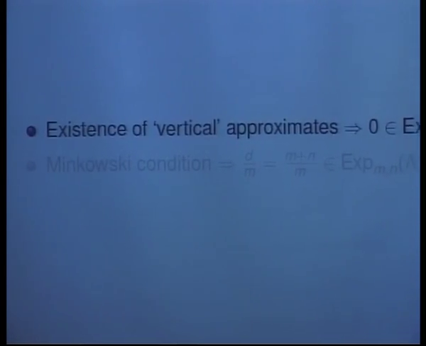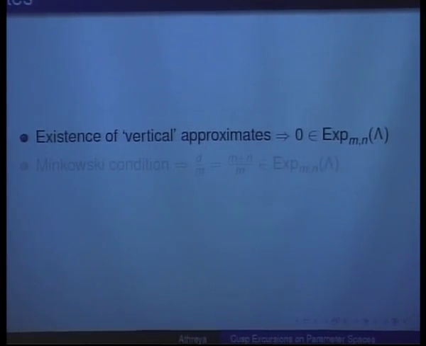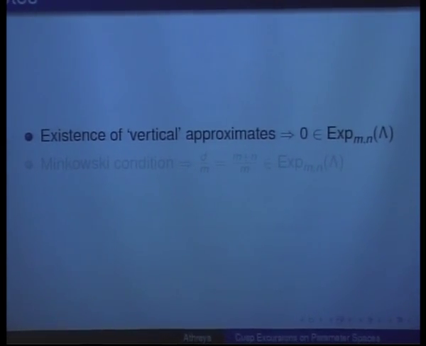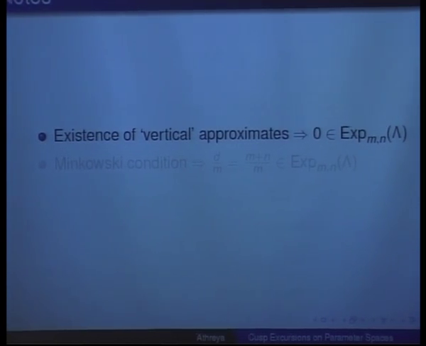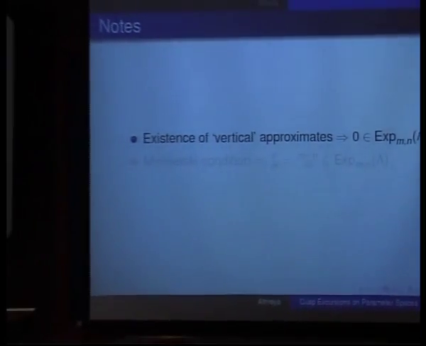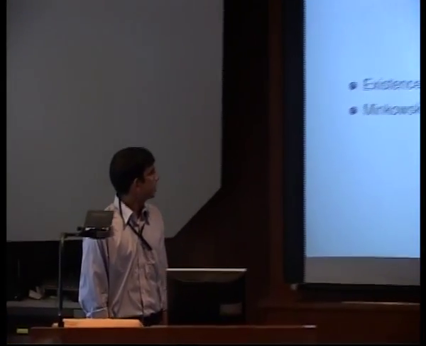The existence of any vertical approximants means that 0 is an exponent: as long as I have a sequence where y over x goes to infinity, as if I approximate the vertical, 0 is an exponent. And the Minkowski condition implies that d over m, or m plus n over m, is actually an exponent. You can actually approximate with it.